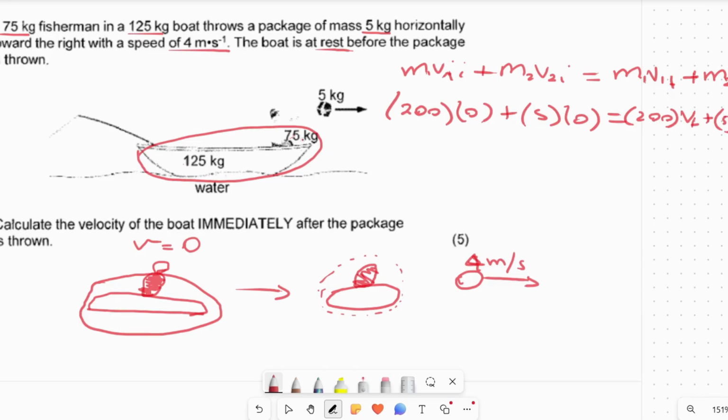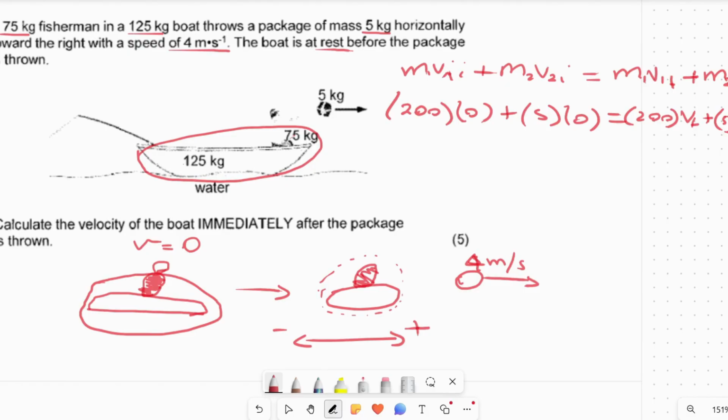Then the velocity to the right. Remember, I'm going to use my sign convention. I'm referring to right as positive, so negative is going to be left.